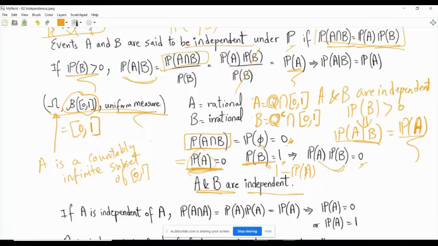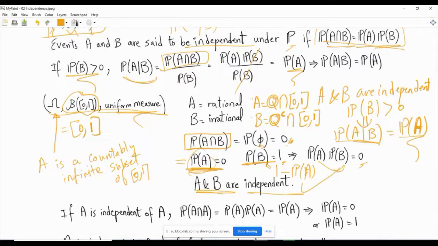So picking a number and discovering that it is rational tells you that it cannot be irrational, and vice versa. So they seem to be dependent by our intuitive understanding of independence, because an observation tells you everything about the other. But they are independent, because we verified the mathematical definition.